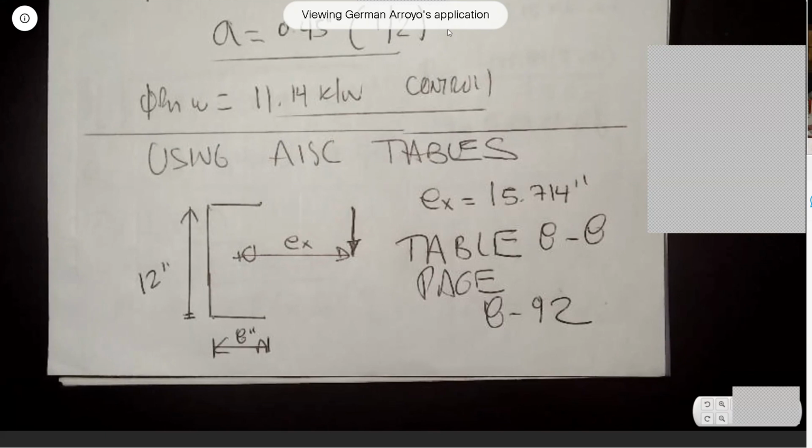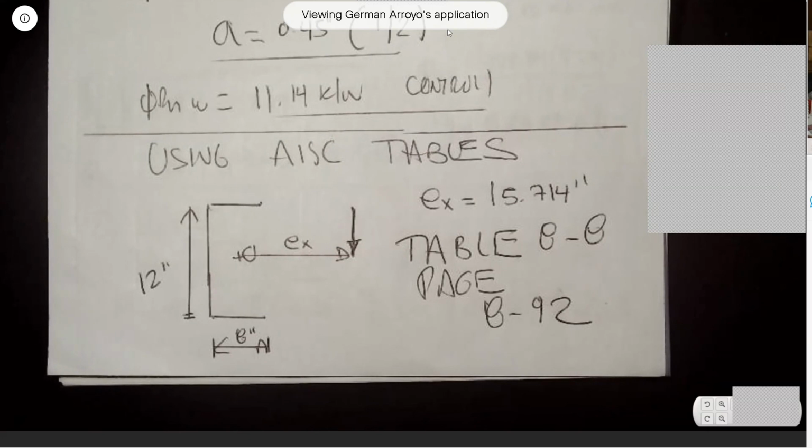This is exactly the same problem. And sometimes we can find the same problem, we can find tables that we can use for our problems. And sometimes there's not a table. Some of the homework problems, I ask you to do it both, using the elastic method and using the table.